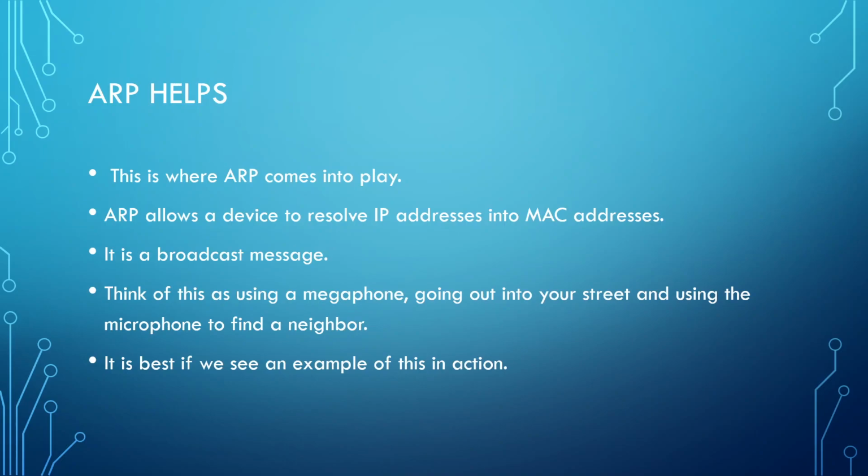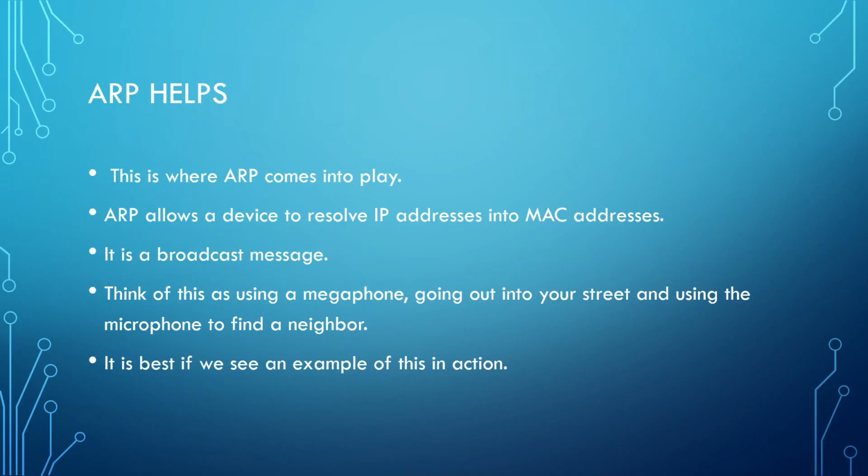It's important to understand that broadcast messages only go to devices on the same network as the device which originated the broadcast. We will learn why this is the case in a later video. This is important for ARP because ARP relies on the broadcast message.